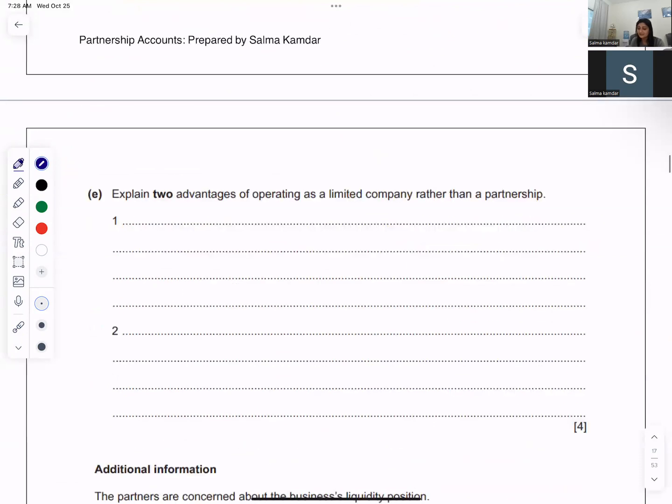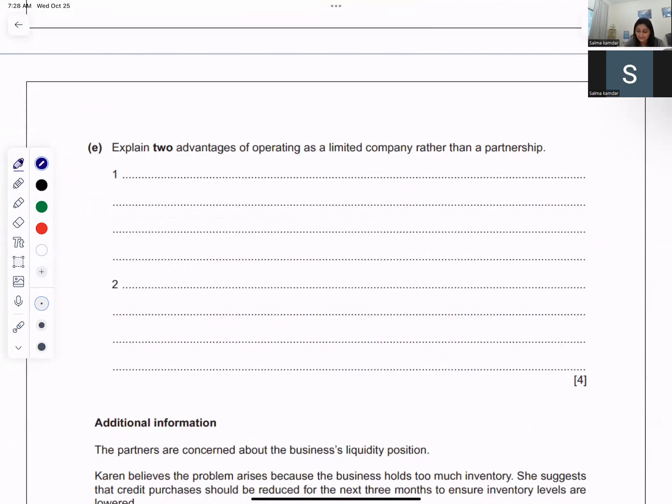What is the advantage of operating as a limited company rather than a partnership? One advantage is that in a limited company the shareholders have limited liability, but in a partnership the partners have unlimited liability in case of dissolution.